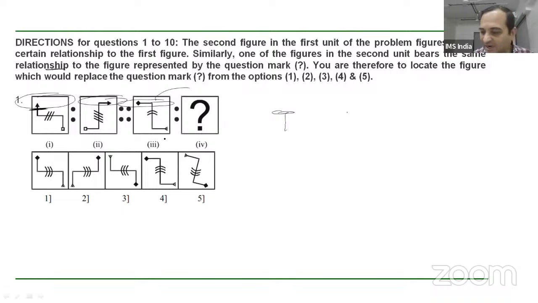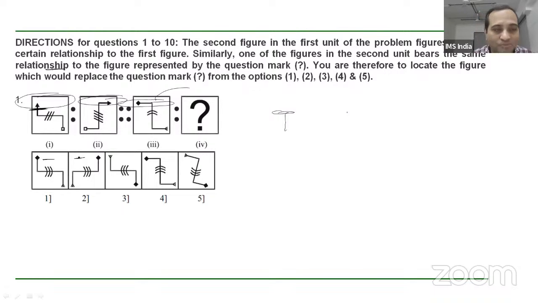Okay, so can I say I'll be left with options 1 and 2 only? Option 1 and 2 are the only option that we are left with. Agreed? Okay, now if you look at the complete object, do you realize the complete object is rotating 90-degree clockwise?